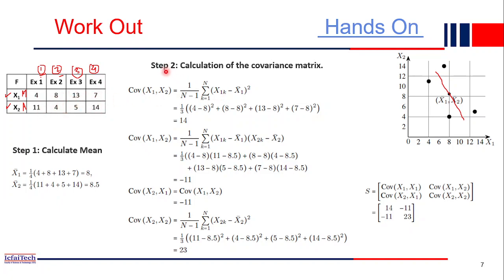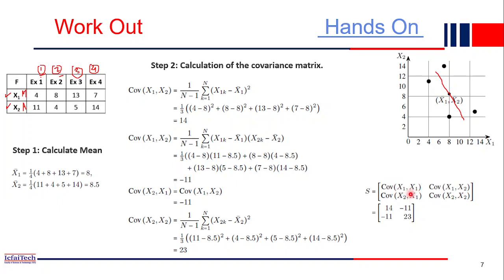That we find out in step 2. In step 2 we are finding the covariance. Covariance is nothing but how these two data, the apple data and the mango data, are related to each other. We capture that using the covariance matrix. So for the covariance matrix, these are the 4 values you need.